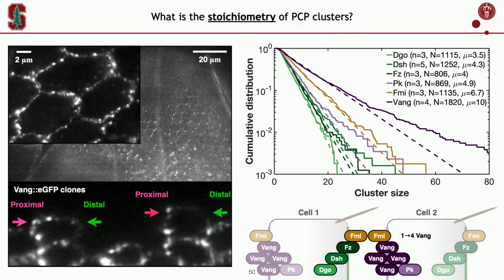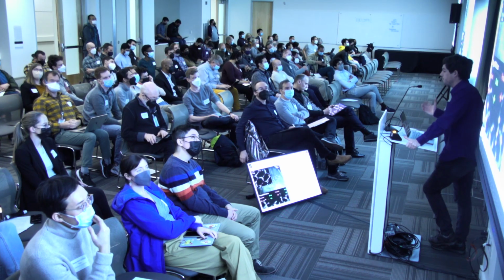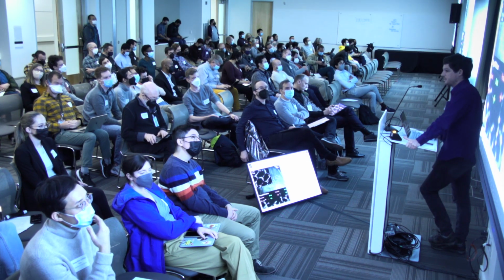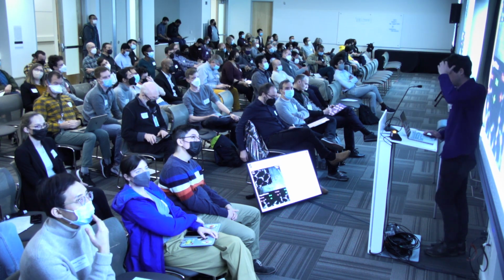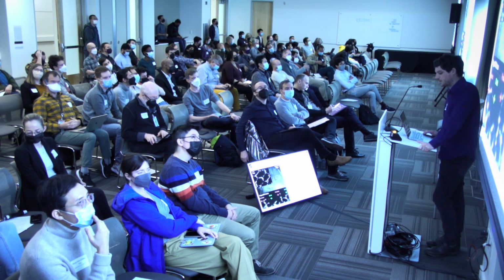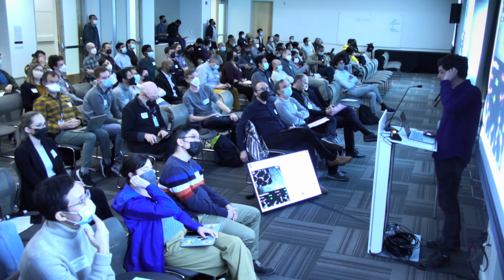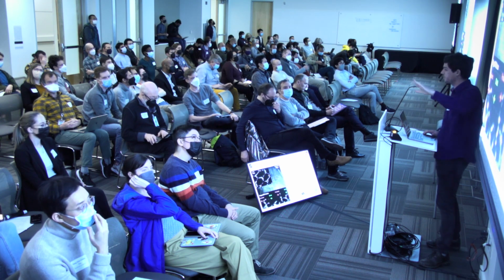And I can analyze along these lines, and I can thereby ask how many Flamingo are there on the two sides. And I do find an equal amount of Flamingo on the two sides as expected. And I also find that Prickle is almost 100% polarized, with the most being on the proximal side. And Frizzled is on the other side, so this is all good.